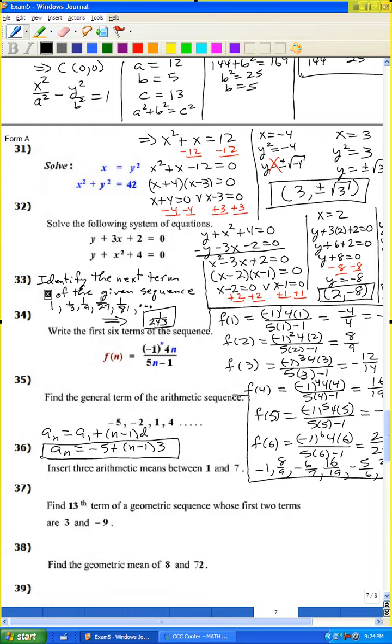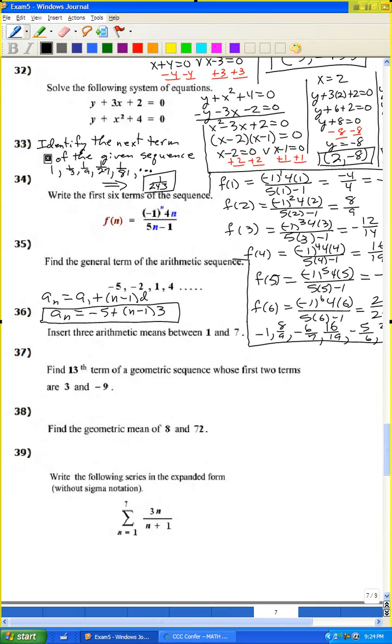Insert 3 arithmetic means between these numbers. The general term is the following.